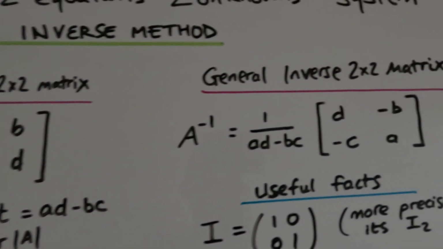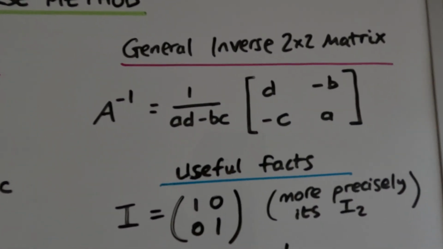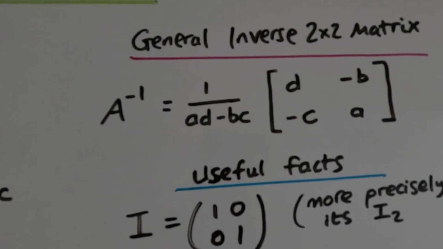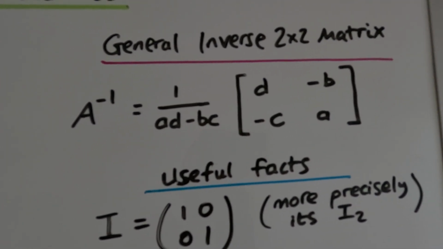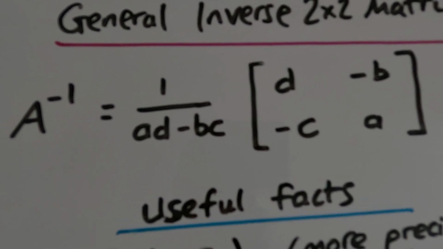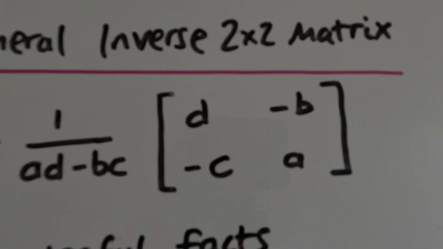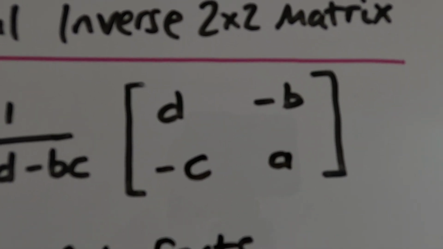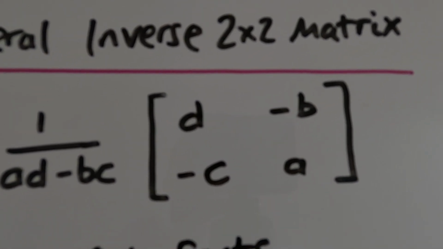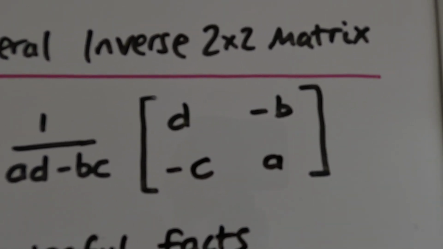And then also this idea of the inverse of a matrix. So the inverse of a 2 by 2 matrix, we call it A inverse, or A to the minus 1. So that's 1 over the determinant, so 1 over ad minus bc, times this matrix here. This matrix is the original 2 by 2 matrix, but we've just changed it slightly.